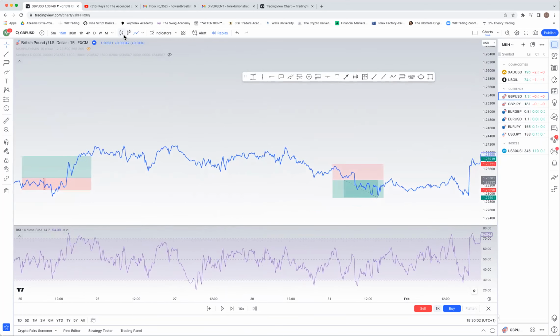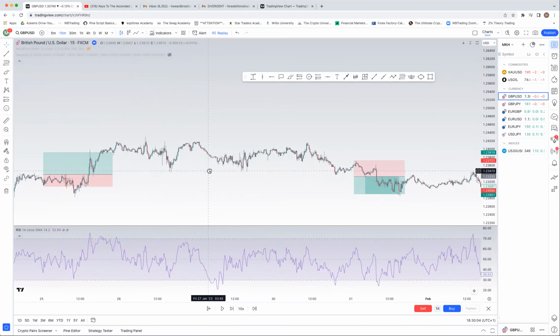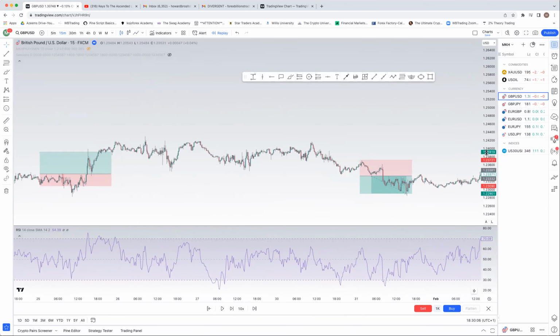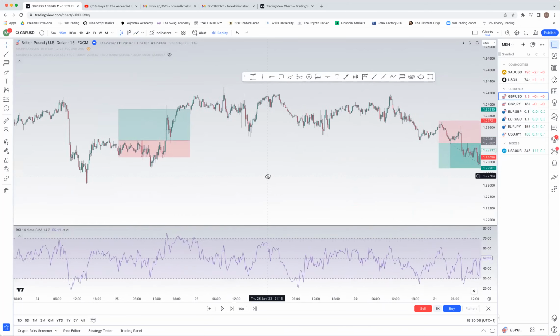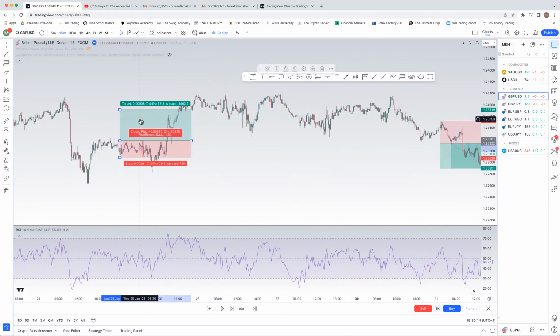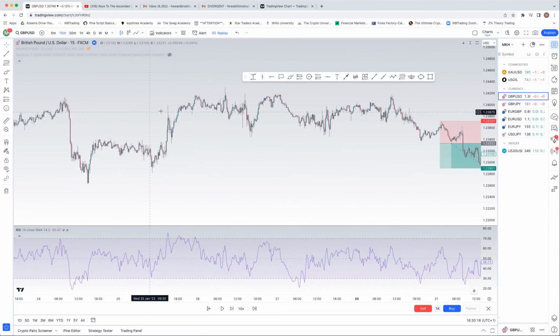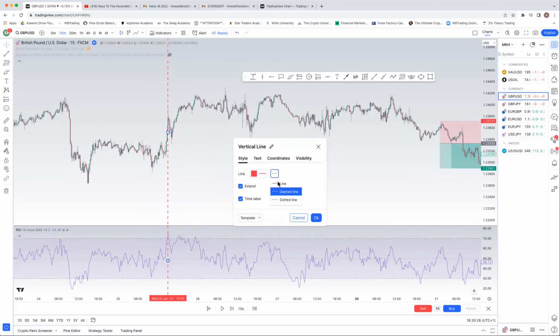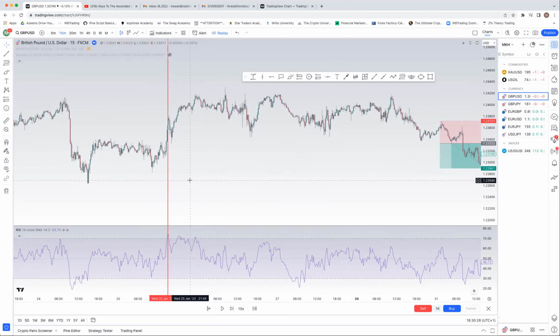So for example, when price moves and gets to the top, maybe price has moved and gotten to the top here. According to what price is doing, let's say we have 2 points, which is here. Let me do a vertical line. And then we have another point at the top here.